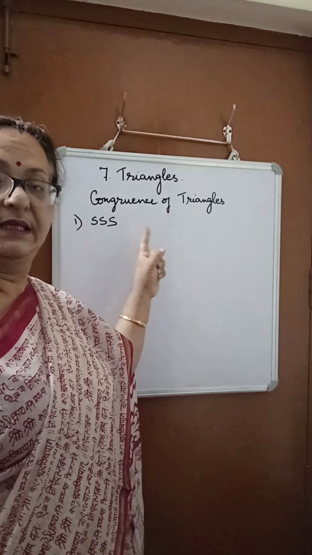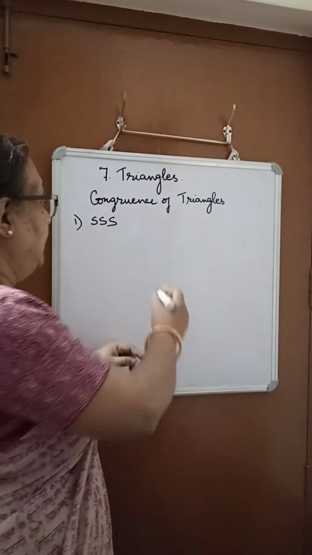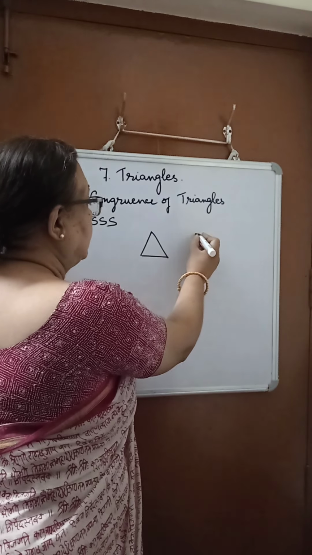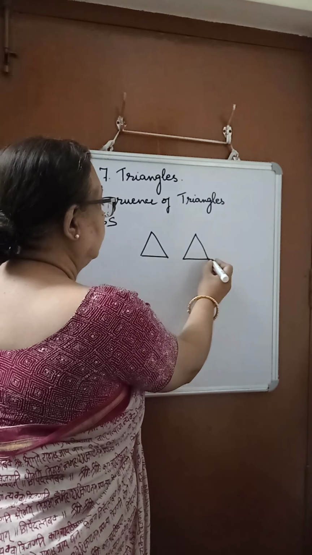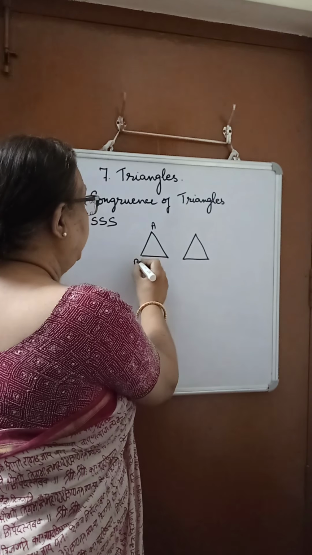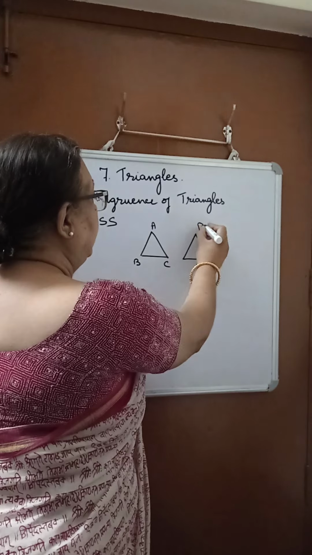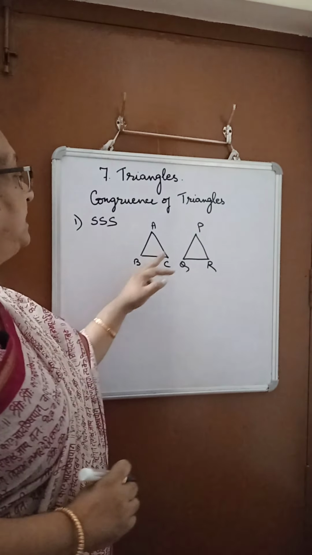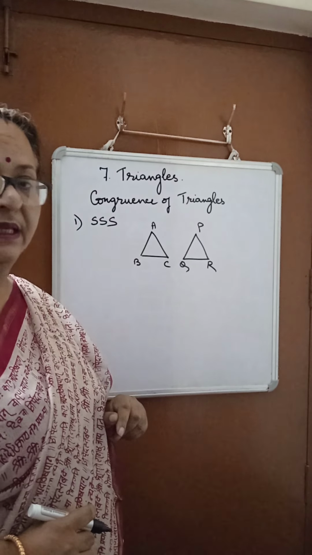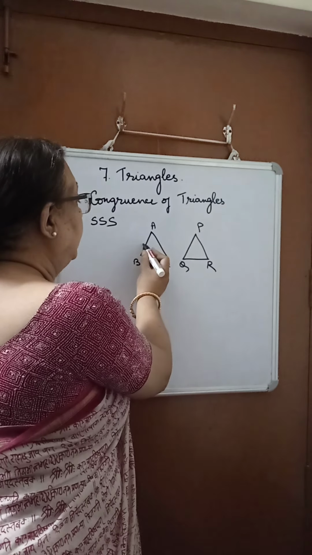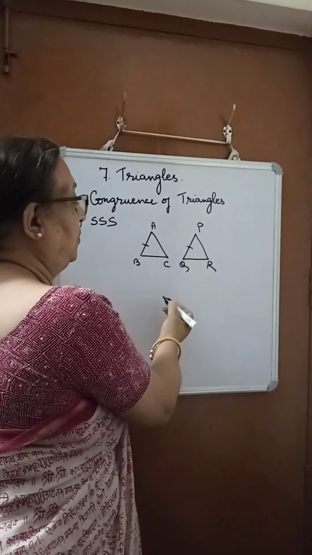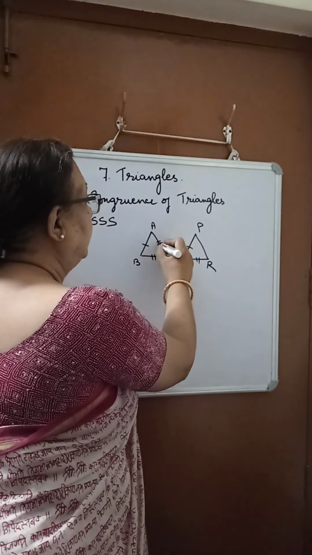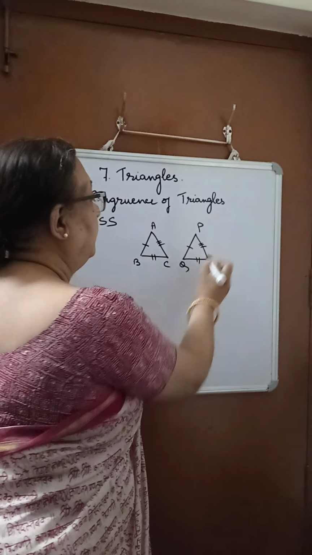So side, side, side. That means if you have two triangles, say triangle ABC, triangle PQR, such that AB is equal to PQ, this side BC is equal to QR, and this side AC is equal to PR.